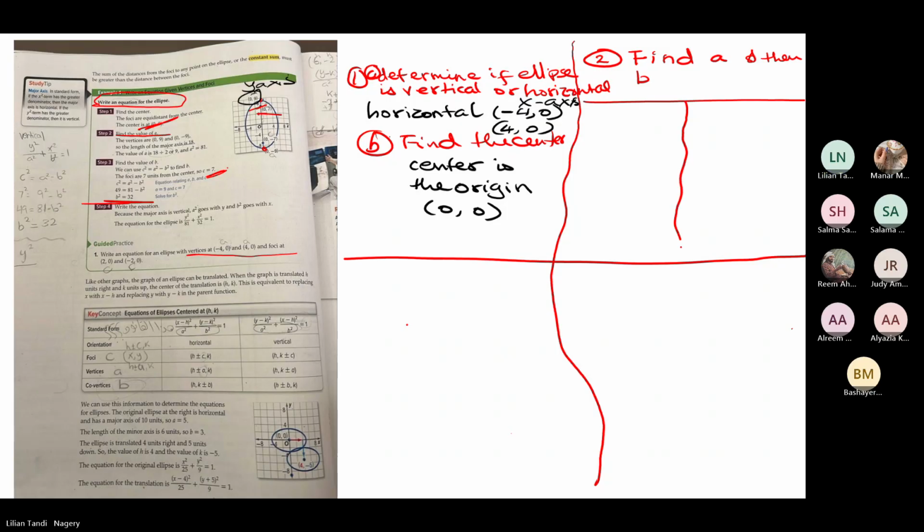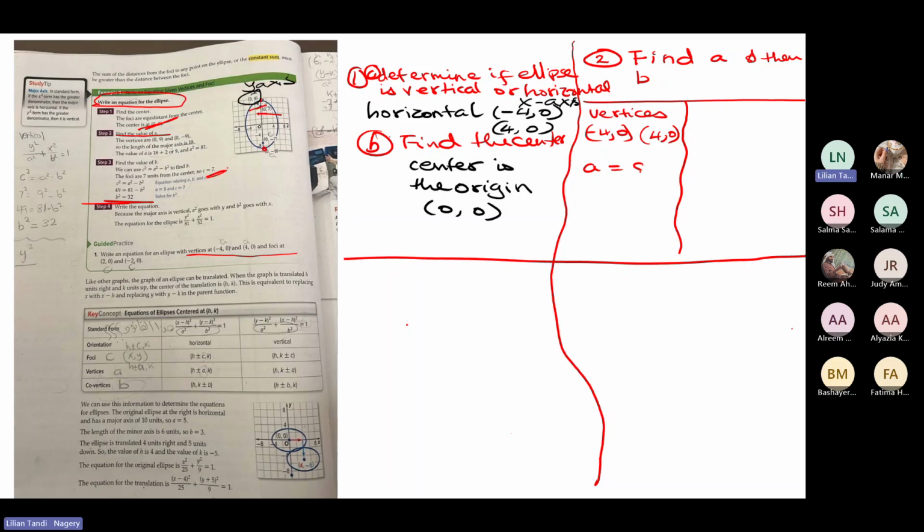Now, we know that our vertices are who? Negative 4, 0 and 4, 0. So our A is who? What's the distance from -4 to 4? That should be 8 units.